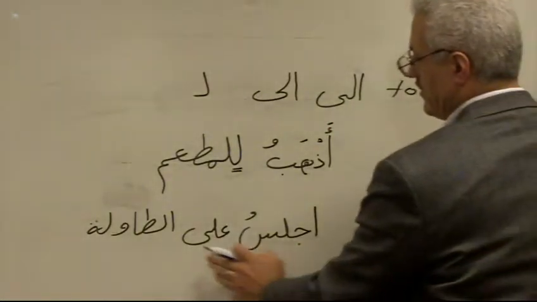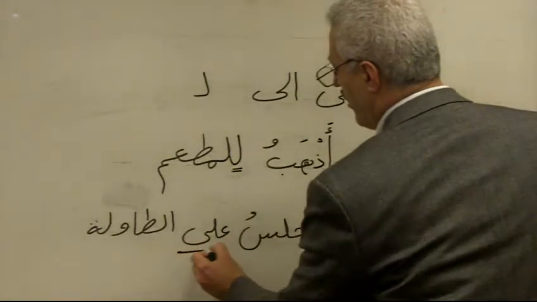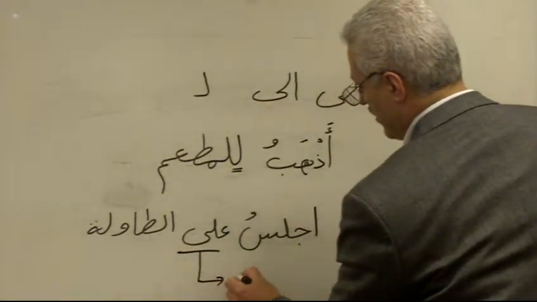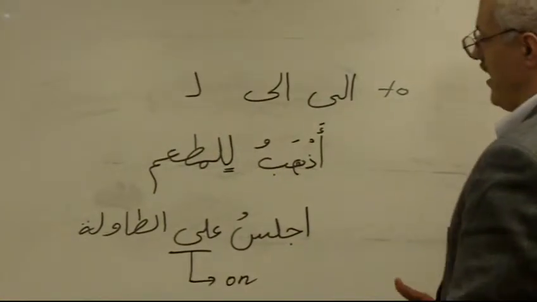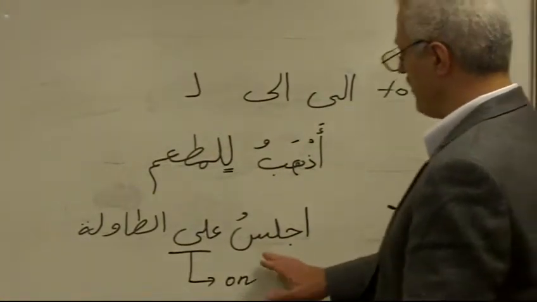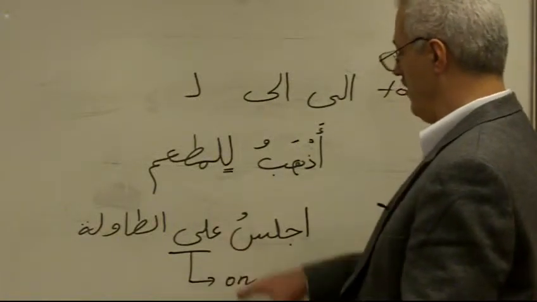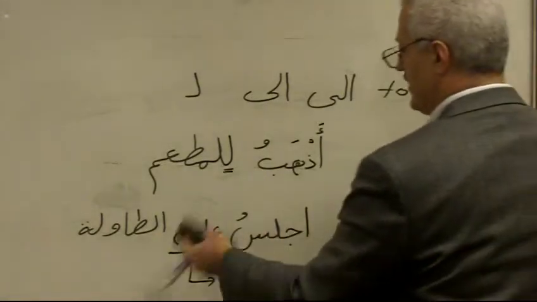I sit at the table. Okay, ala means on. Okay, so in English you say I sit at the table, not on the table, but the preposition in Arabic is ala, which is really on, but the meaning is at.